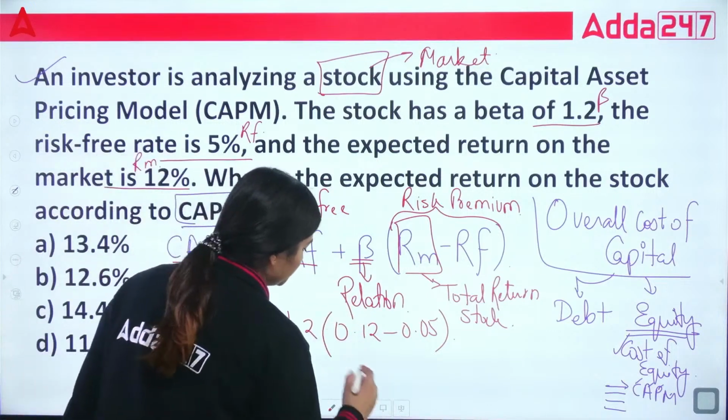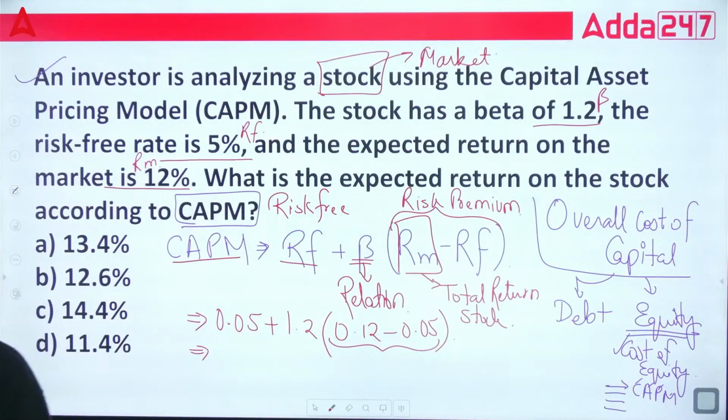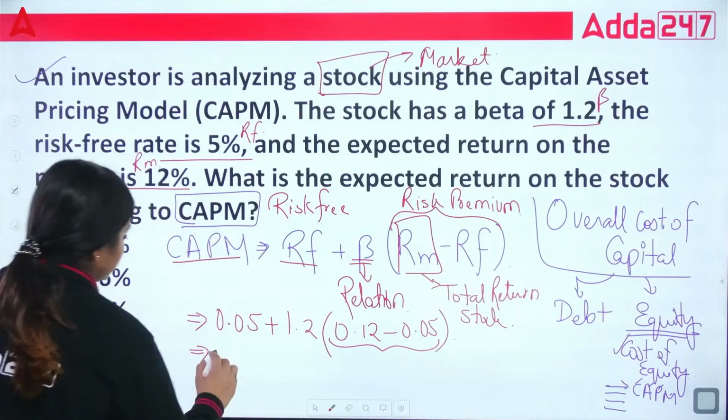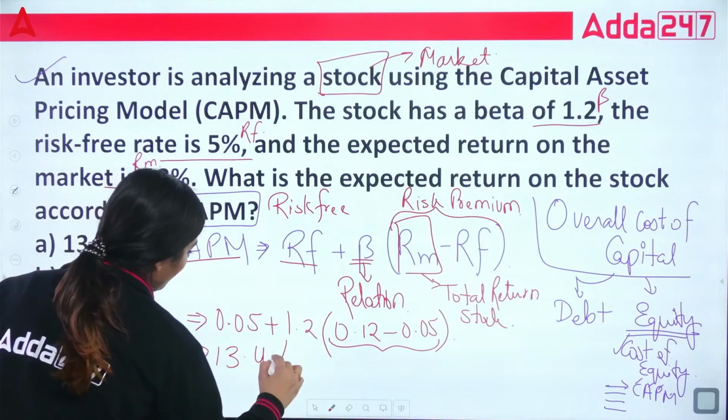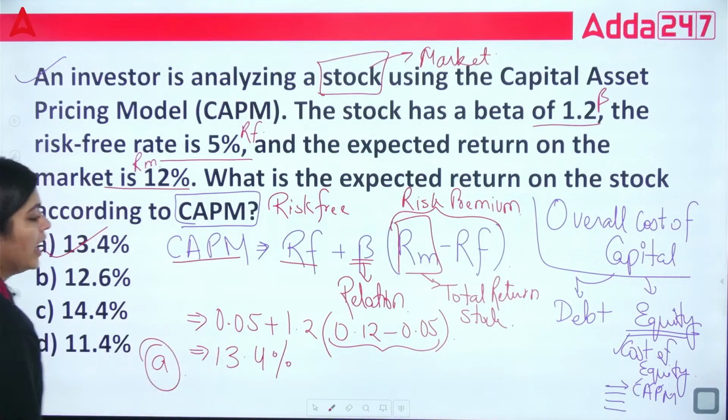As per the BODMAS rule, we need to solve the bracket part first, so the bracket 0.12 minus 0.05 needs to be multiplied with 1.2, and your correct answer is 13.4%. So as per this, your A option is the correct option.